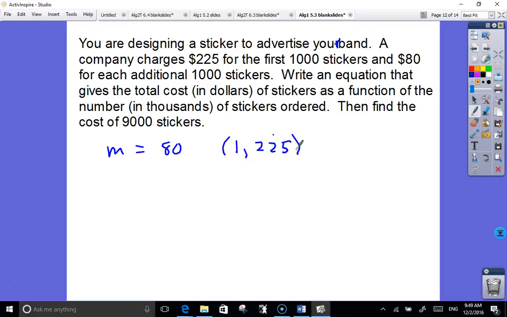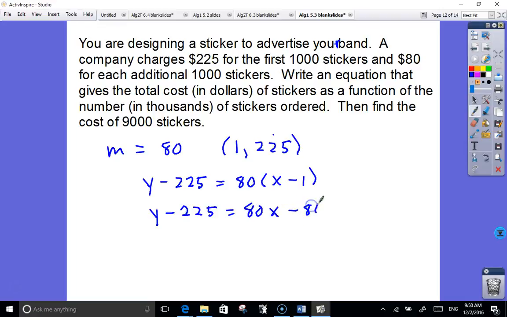So now we need to write an equation. Write the equation in slope-intercept form. So we'll start with point slope and then solve for y. Y minus, what goes next? 225 equals 80 times x minus 1. Solve for y. Y minus 225 equals 80x minus 80.